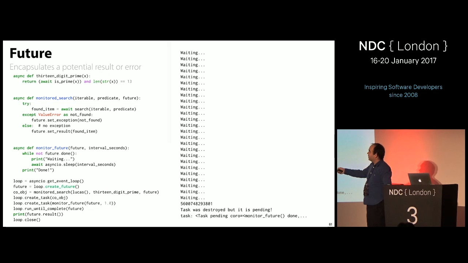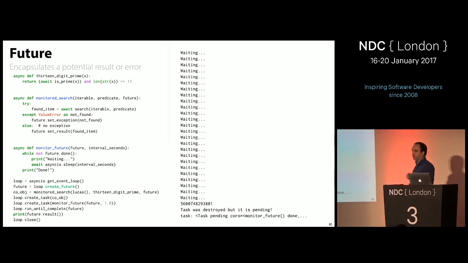If the search fails, we call a method on the future called set_exception with the exception value. Else, the try has succeeded, and we set the result, the found item, in the future. Okay? So the future is an object which encapsulates the idea of a potential future result, an IOU, if you like.